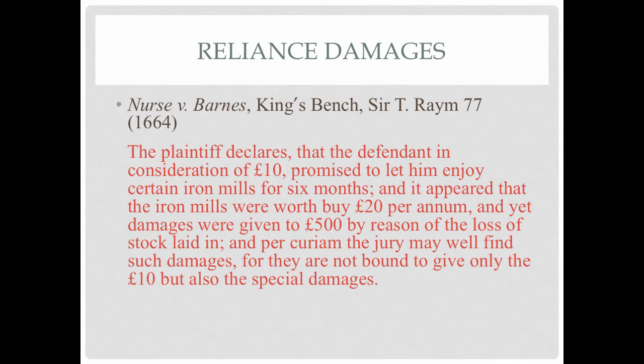What this case is saying is the jury, in calculating damages, is entitled to consider the direct reliance of the £10. This is the cost of performance of the lease contract.